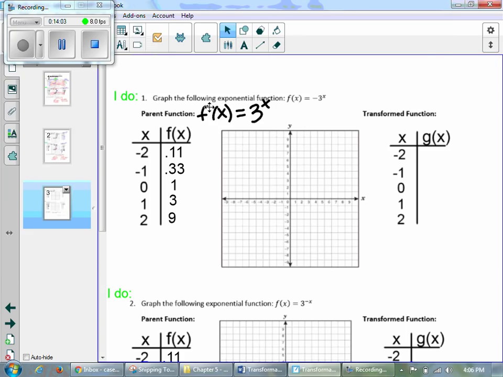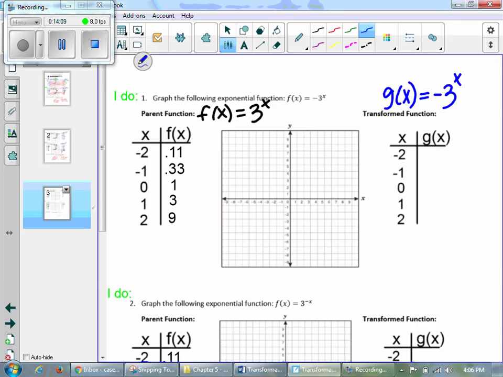The transformed function is g of x equals negative 3 to the x. Keep in mind, this is technically negative 1 times 3 to the power of x. Okay? That will make a difference when you're typing it into your calculator to create your table.